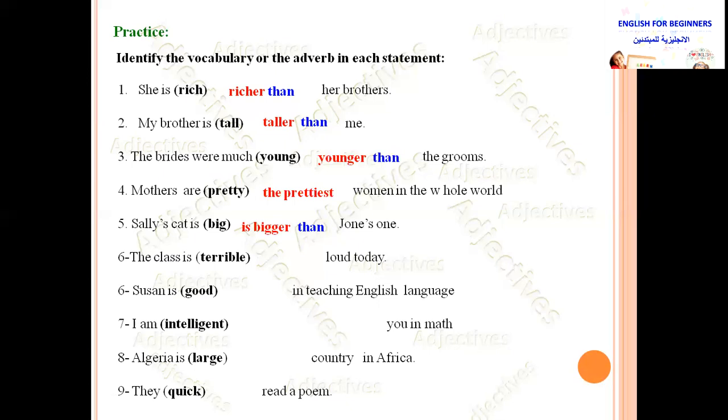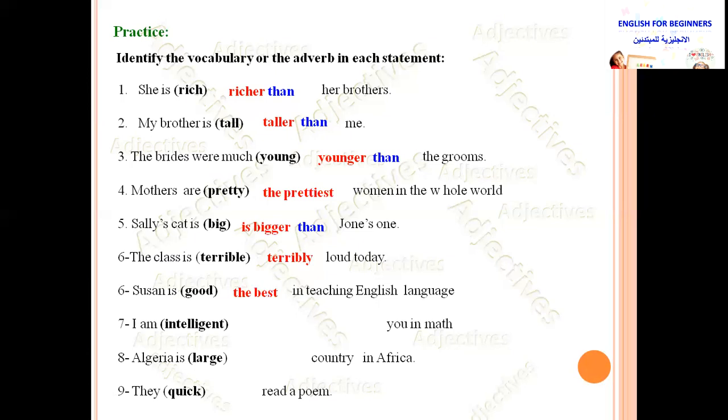The class is terribly loud today. Here I have two adverbs. So terribly, an adverb, describes another adverb: loud. Terribly loud today. Susan is in teaching English language. She is the best in teaching English language.